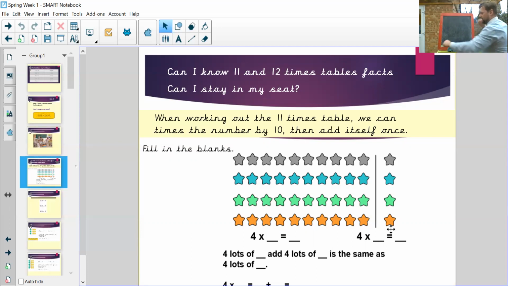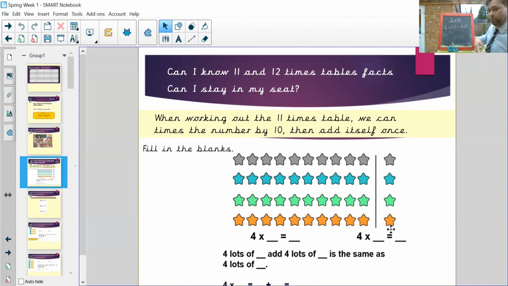And it works with any number that we're timesing by 11. If we did 2 times 11, we can at first do 2 times 10, and 2 lots of 10 is 20.